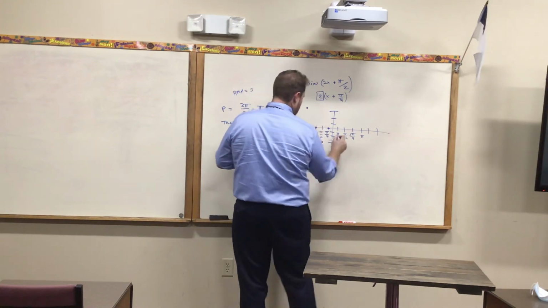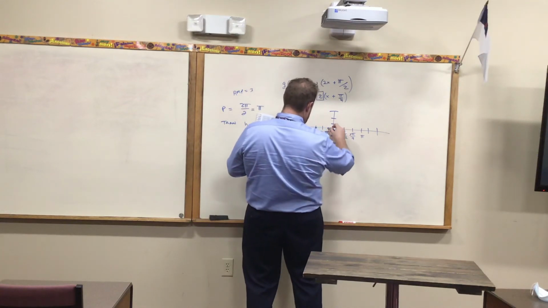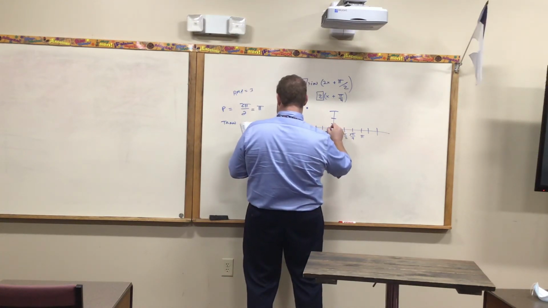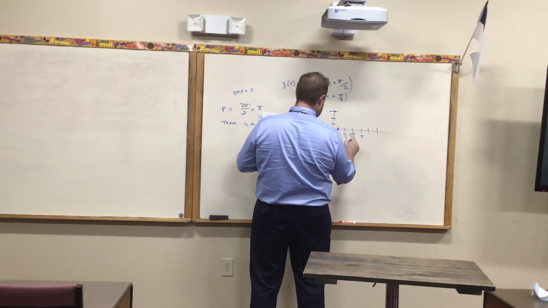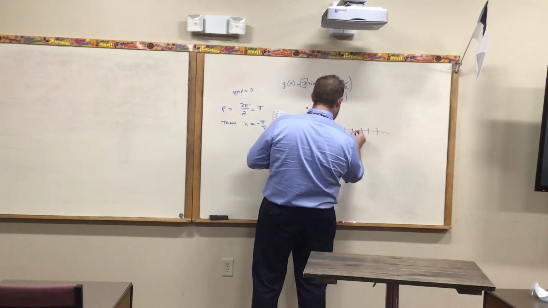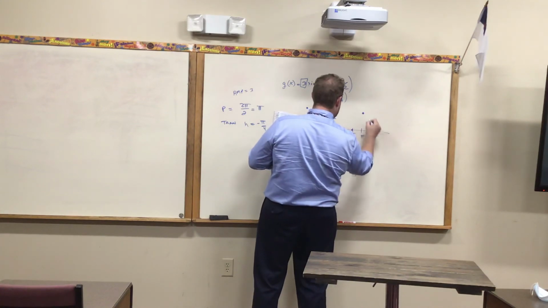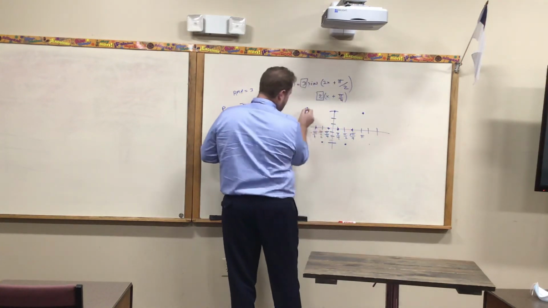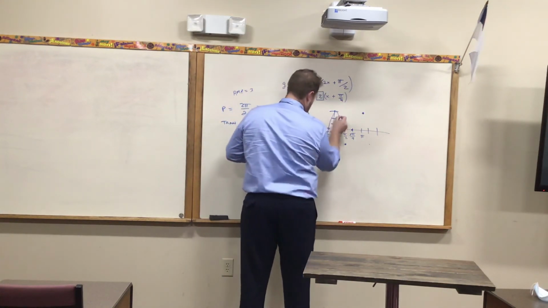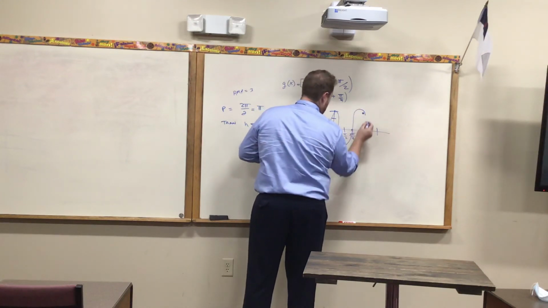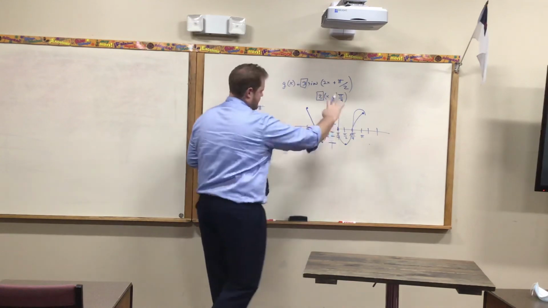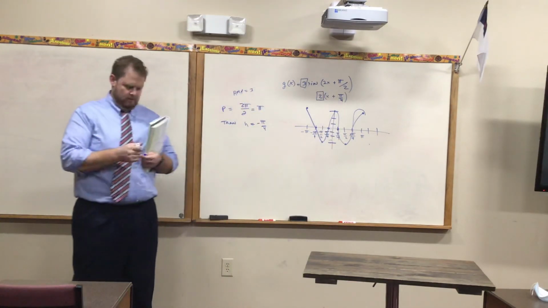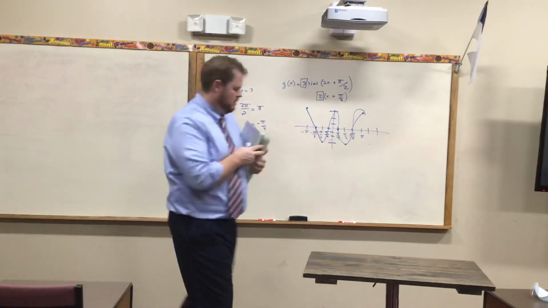Then it continues, boom, boom, boom, boom. So what does this graph look like? See how it's real tight and big. Big waves. That's how you're going to do it going forward.